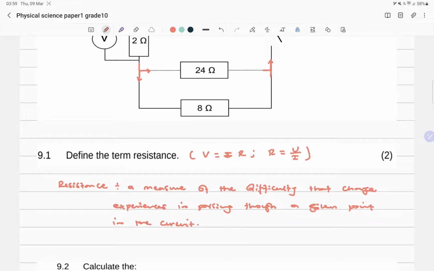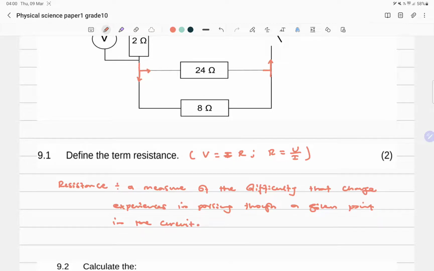Or should we say a given cross-sectional area. Point is a bit unfair, but maybe say cross-sectional area. It doesn't really matter. Let's just say a given point in the circuit.